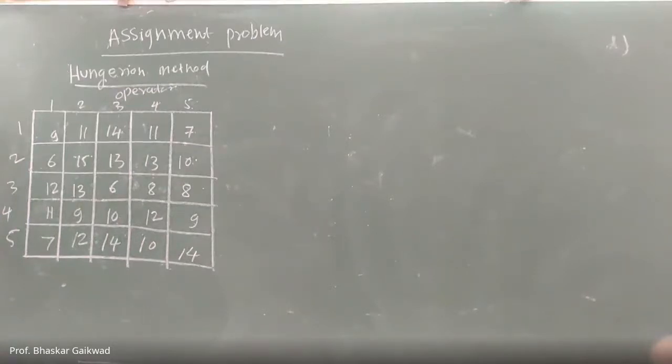Hungarian method. So first of all, you can see which is the best thing. First, you can assign the minimum value, row reduction and column reductions. So which is the minimum value here?